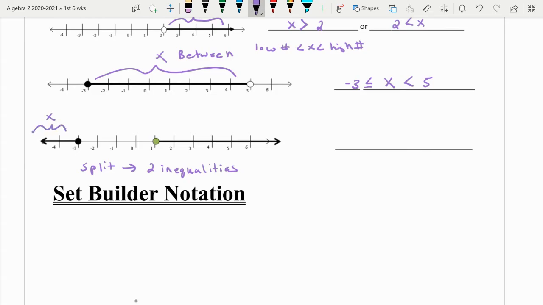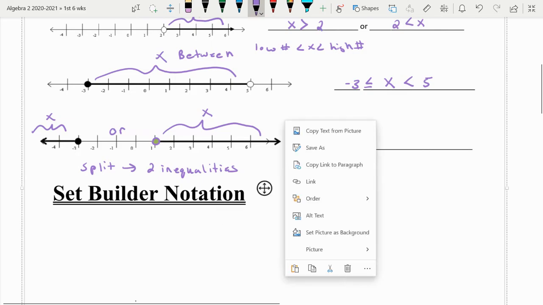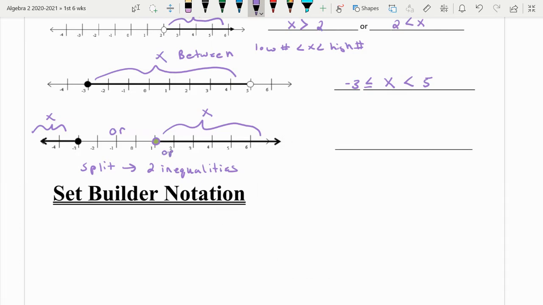This is my x, and the gap we call OR, and then we also have x's over here to the right of it. Now this one's colored in, but this is really open. Just for notes, I don't know why it's green, so it's open for our purposes here. So we have split intervals of x values. Again, from left to right, small to big.